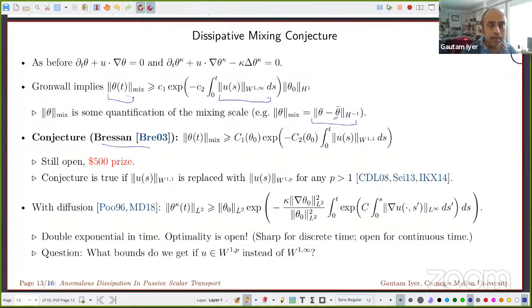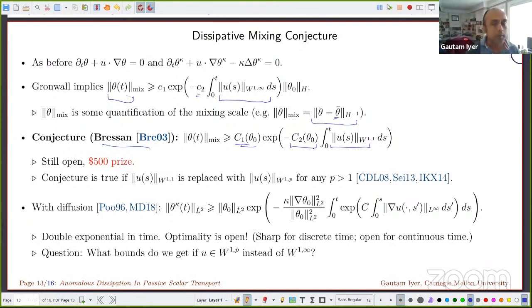Well, Bressan in 2003 said, actually, I think the same bound is true, but instead of putting the norm of u in Lipschitz, you put the norm of u in W11. Much weaker, and you get the same bound. Of course, in this case, you have maybe a prefactor that could depend on the initial data, and also a decay rate over here that could depend on the initial data.